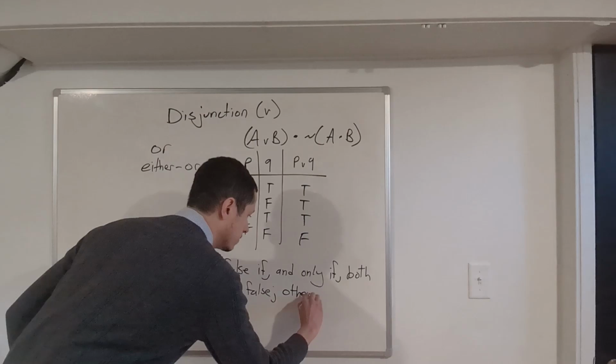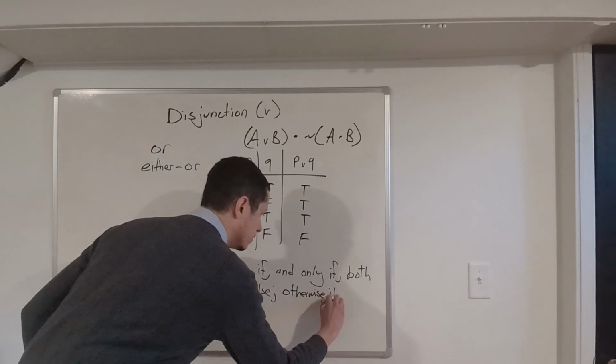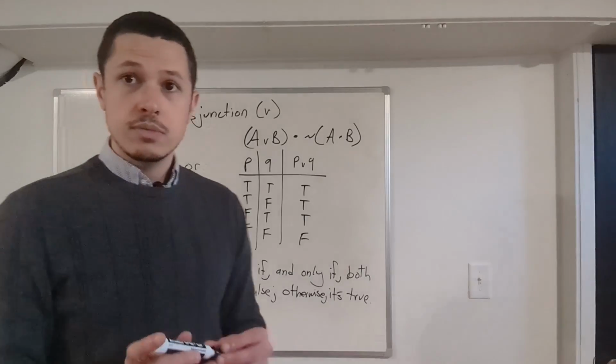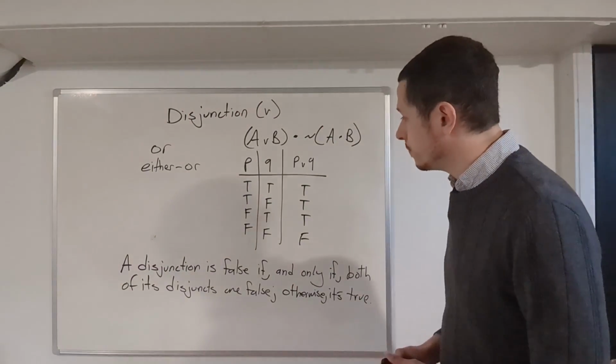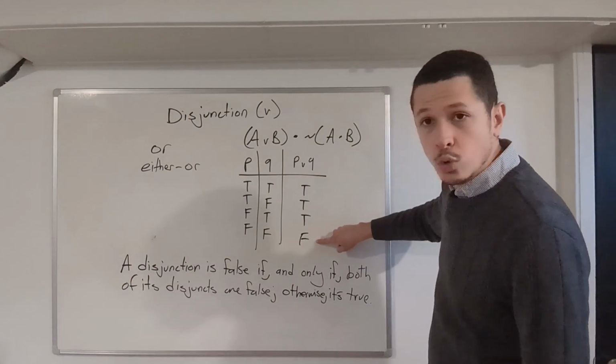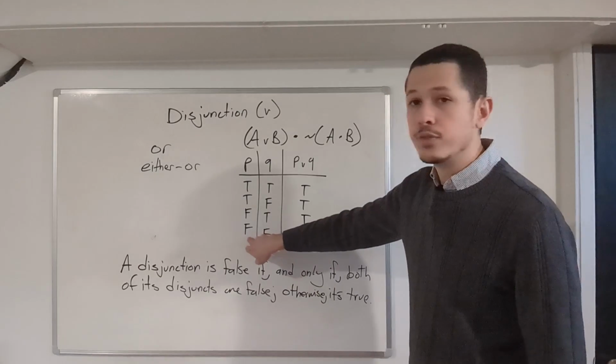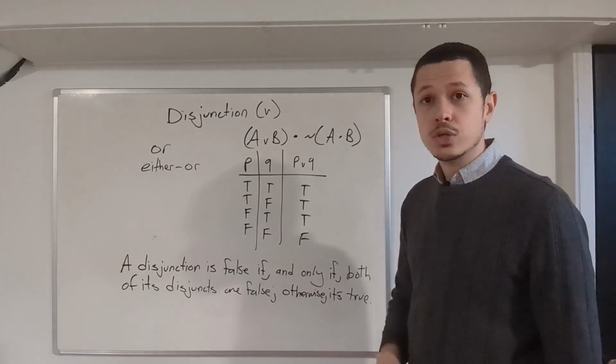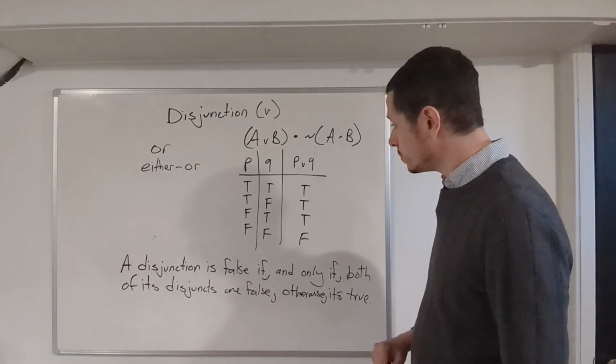Otherwise, it's true. Notice that this definition covers exactly what this truth table says. It tells us it's false under only one condition, that both of these are false. Under every other condition, the disjunction turns out to be true.